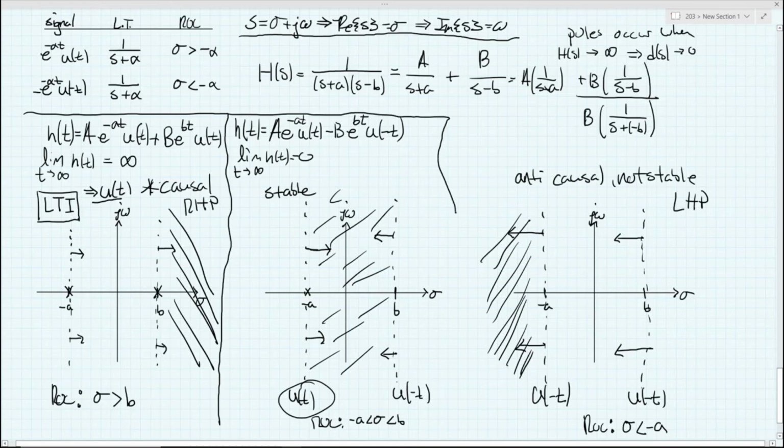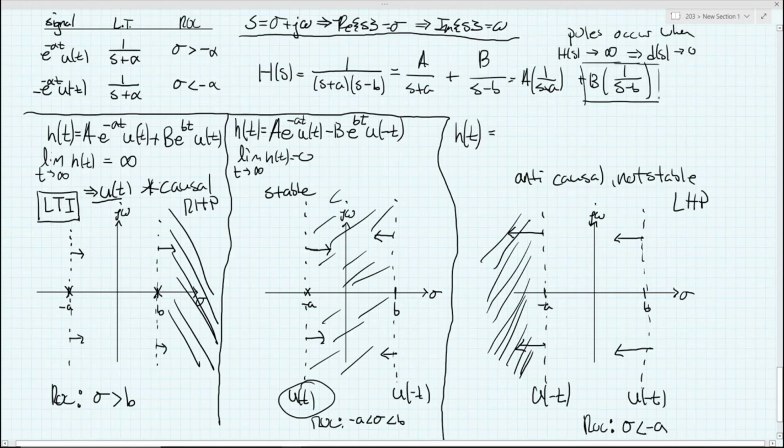All right, and we'll do our last one now. And this is the anti-causal, and it's not stable. And you should be able to just kind of pick up on this right now. We know the second half of it, meaning our signal associated with this part of the transfer function here.